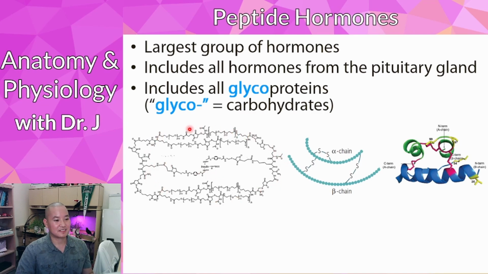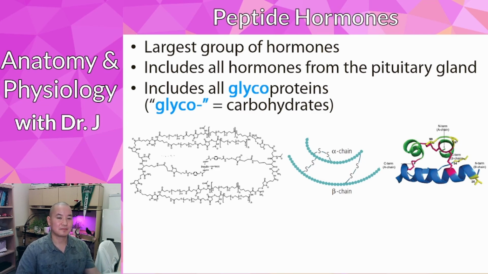Would you rather recognize this or look at something like this? And over here is a 3D structure of insulin. This is a linear structure, but when insulin is actually folded onto itself, you get the secondary and tertiary structures, when the amino acids are folded into different shapes.